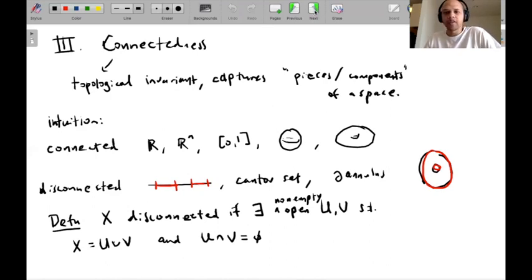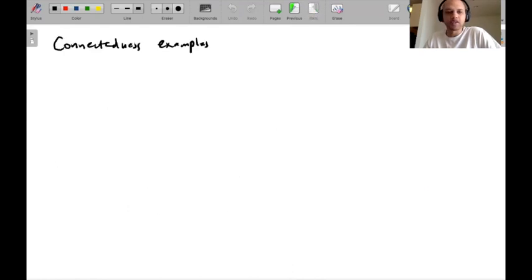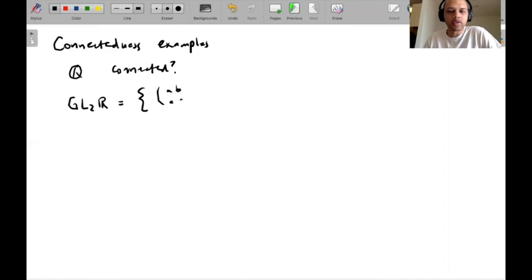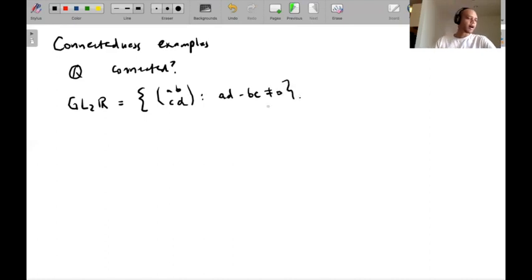But then you also want to think about what are the more unusual examples that this definition applies to. So for example, is Q connected with this definition? Or what about GL2R, which appears on the homework this week? These are invertible 2x2 matrices, which is to say that the determinant is non-zero. Is this connected or not?